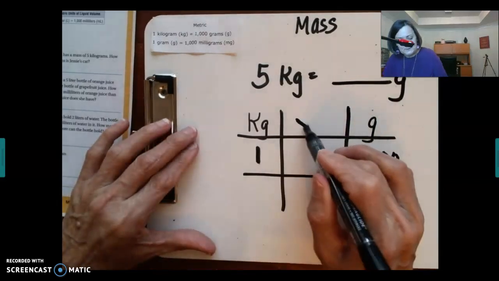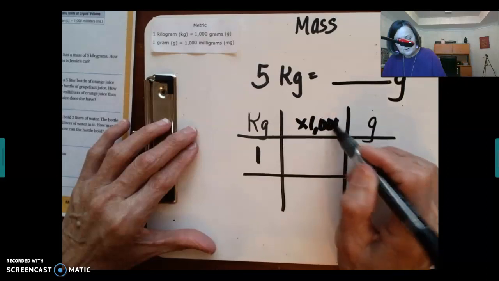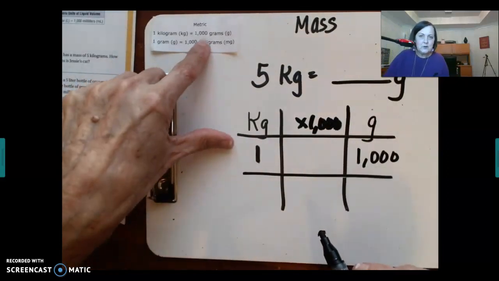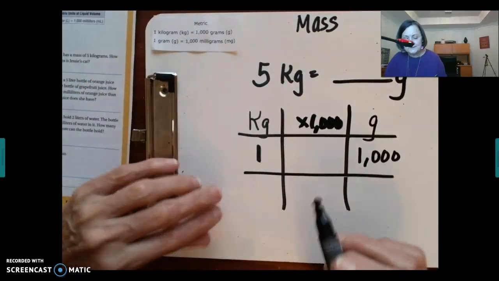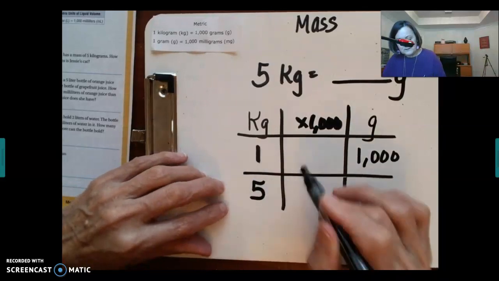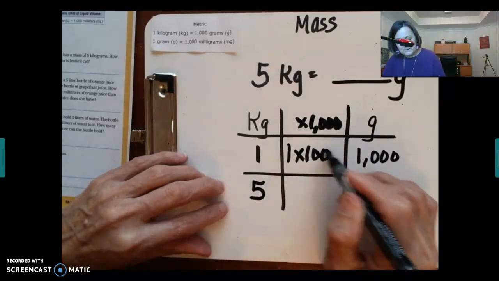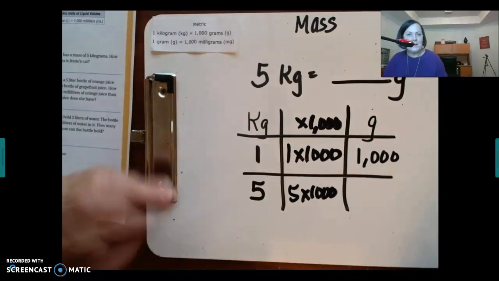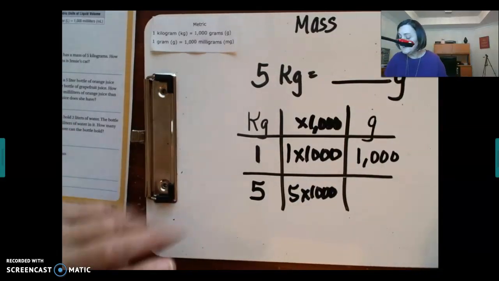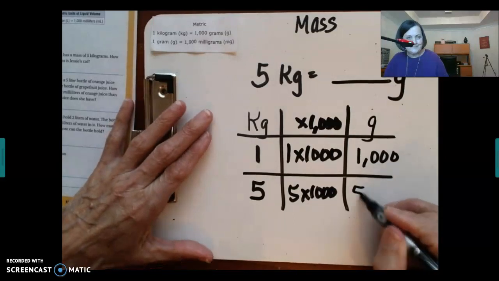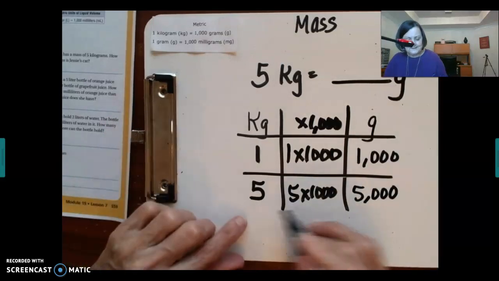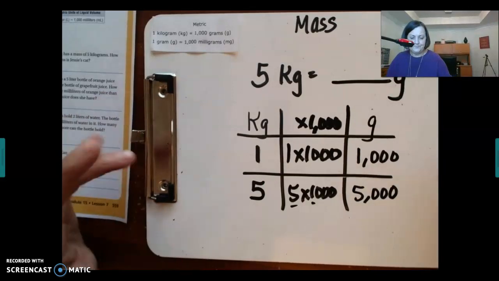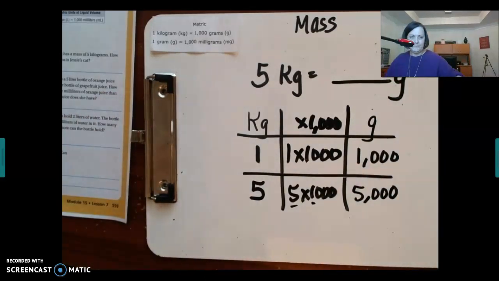I hope you said 1,000. Because if you look right there, you can see the rule is 1,000. And then 1 times 1,000, and then 5 times 1,000 is 5,000. So how many grams is Jesse's cat? Jesse's cat is 5,000 grams. Very good.